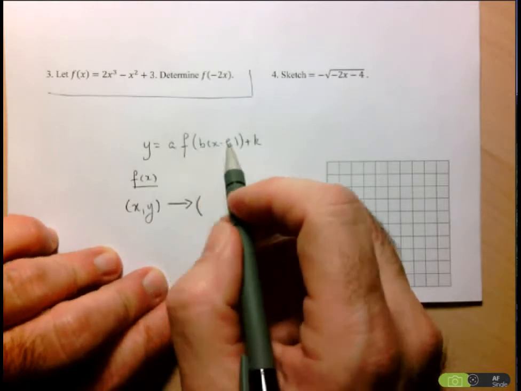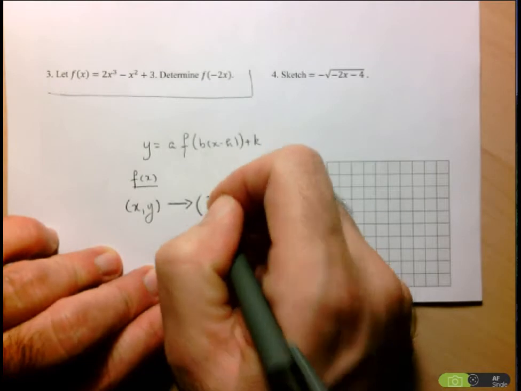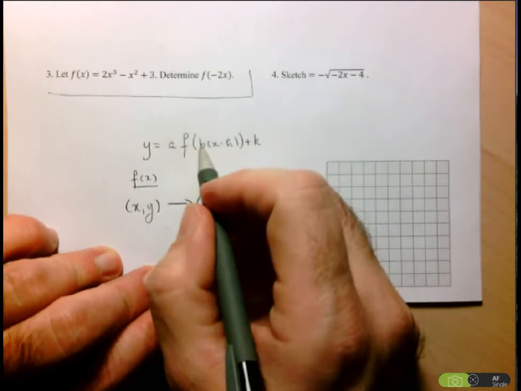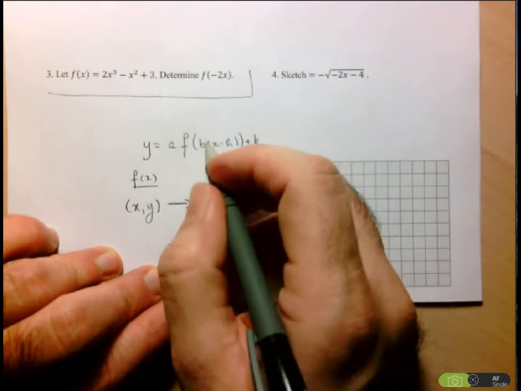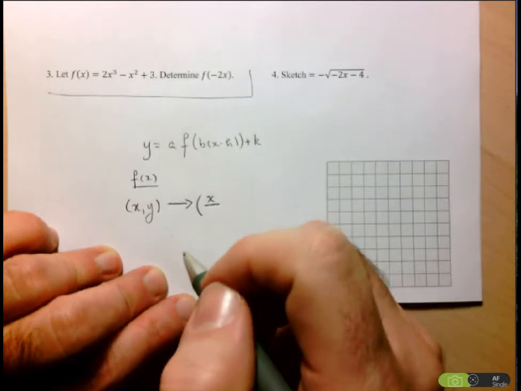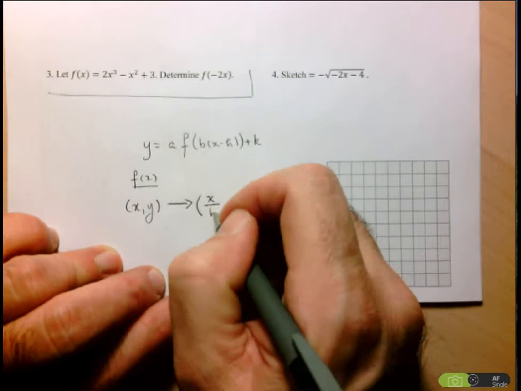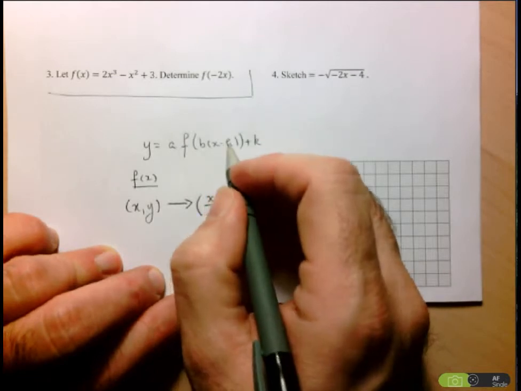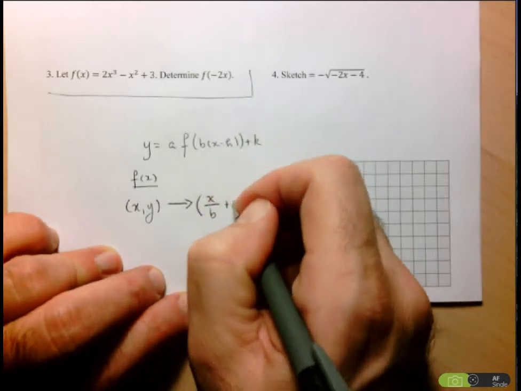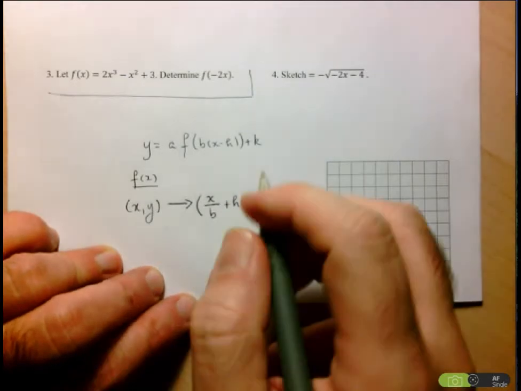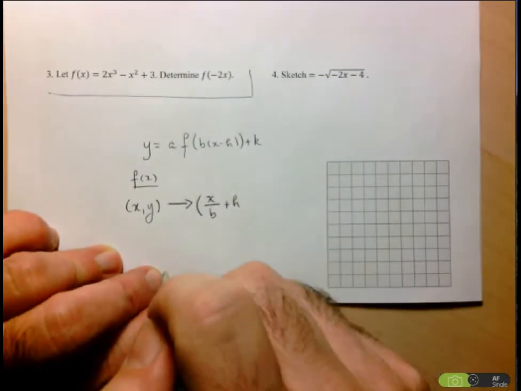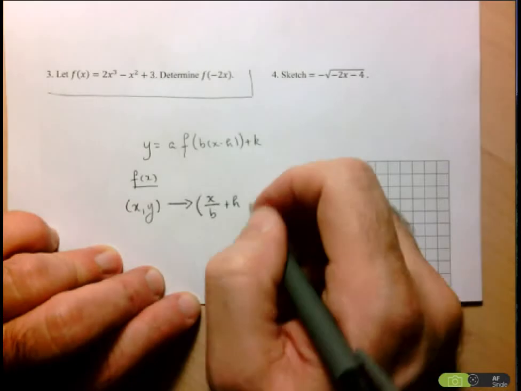So first the b, then the h. First, x will be divided by b. Remember, everything is opposite when it comes to horizontal translations. So the x value will be divided by b, and then instead of minus h, we're going to add h. So this is how we can perform the transformation on the point all in one step.